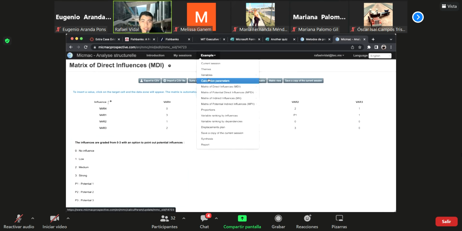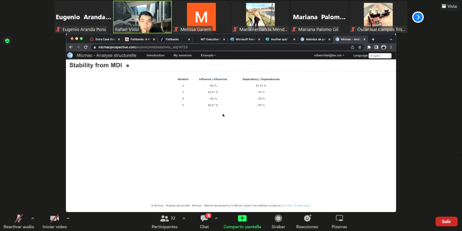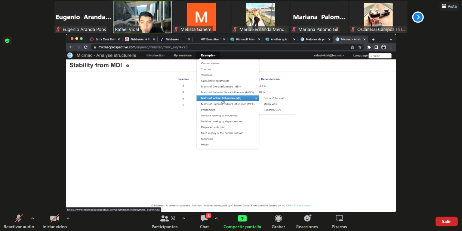In this case, I just did random. So for stability, I won't focus on reaching 100%, but you have to focus on it. Once we click on stability for matrix, we are good to go to our results. We have several results. However, the one we are using is the matrix of potential indirect influences.